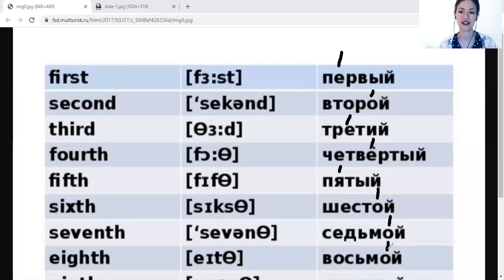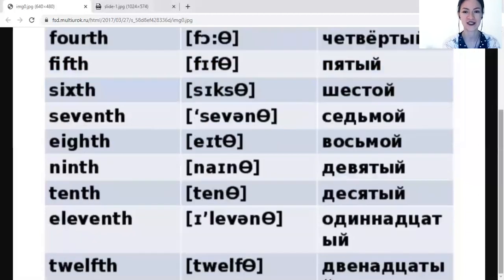So you see the endings are different. So you need to only memorize. There is no rule. It's only Russian tradition. Sorry for that. I know it's difficult for foreigners, but there is no other way, just to memorize.